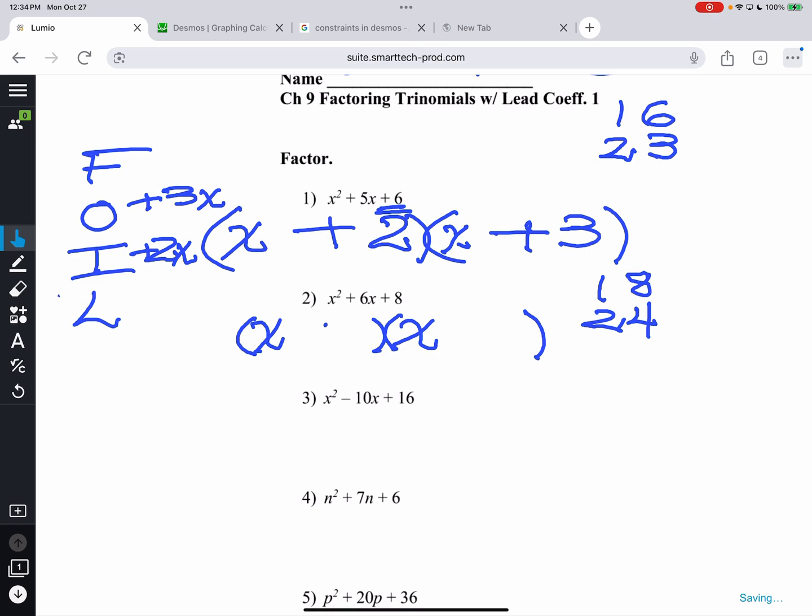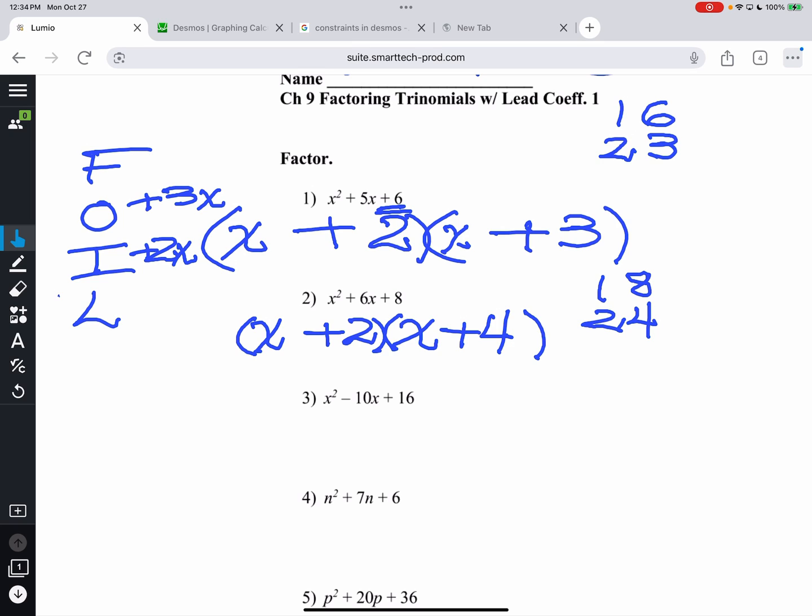X plus 2 and x plus 4. Now, these are both factors that are being multiplied together. So you could have x plus 4, x plus 2. The order of that will not matter, as long as what you have in the parentheses match.